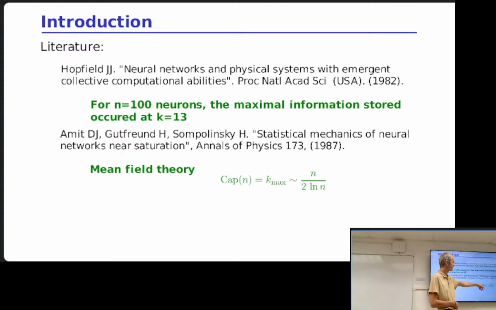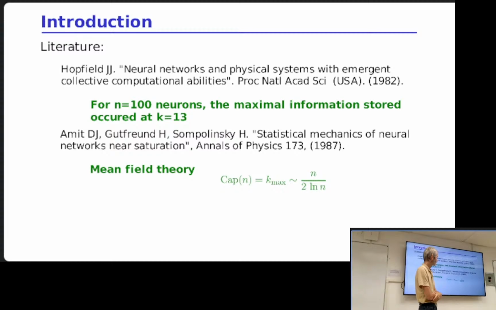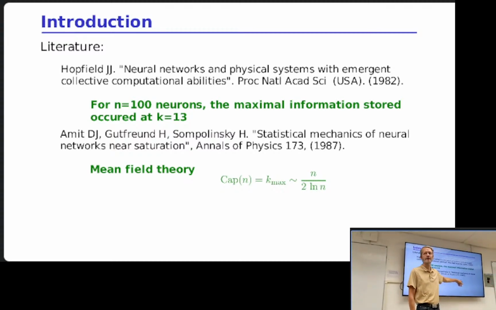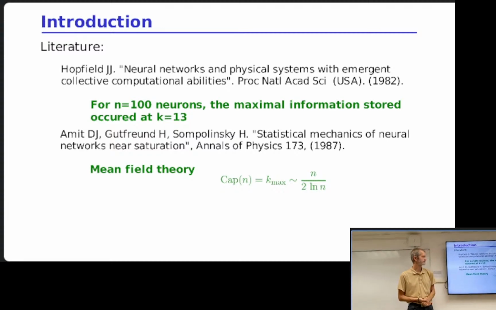A more precise estimate is this number, where you see that the capacity is less than proportional to n, but almost proportional to n.